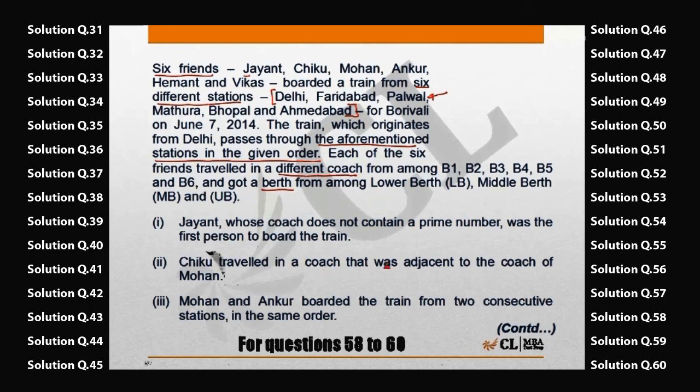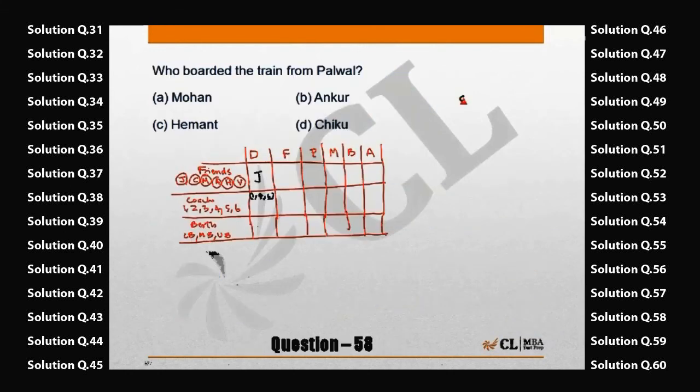Chiku traveled in a coach that was adjacent to the coach of Mohan. It can be 1, 2, 2, 3, 3, 4, 4, 5 or 5, 6.